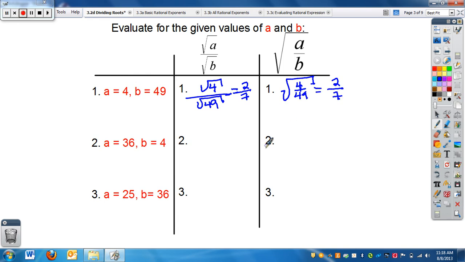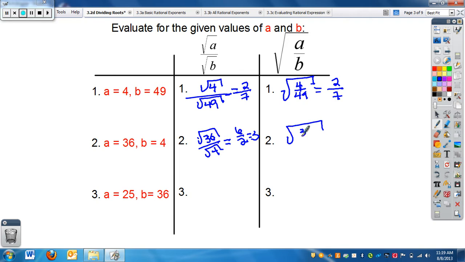On row 2, I have the square root of 36 over the square root of 4, which is 6 over 2, which is 3.